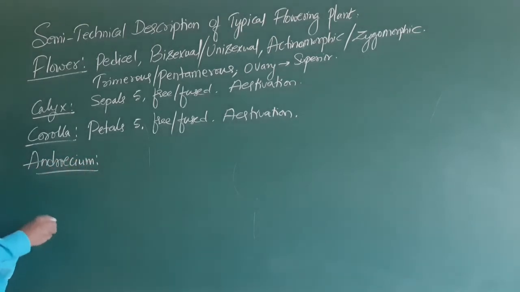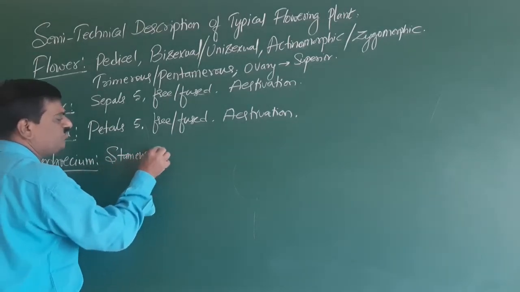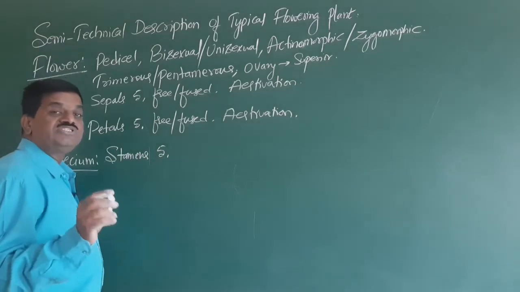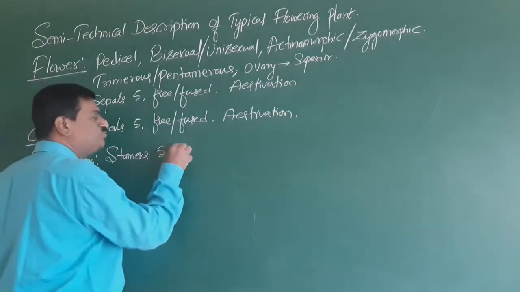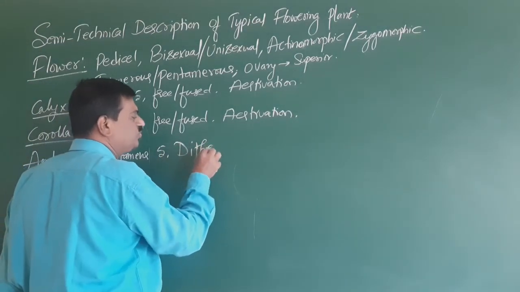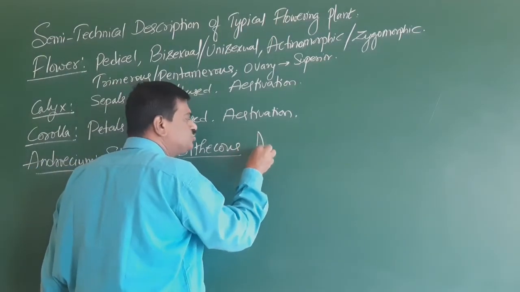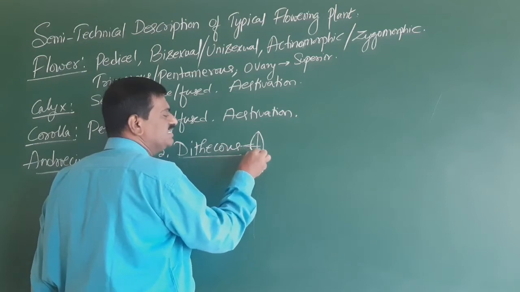In this androecium, how many stamens are there? For example, if the stamens are 5, we are going to write 5 stamens. Whether the stamen has only 1 lobe or 2 lobes. For example, when a stamen has 2 lobes like this, it is called diathecous.